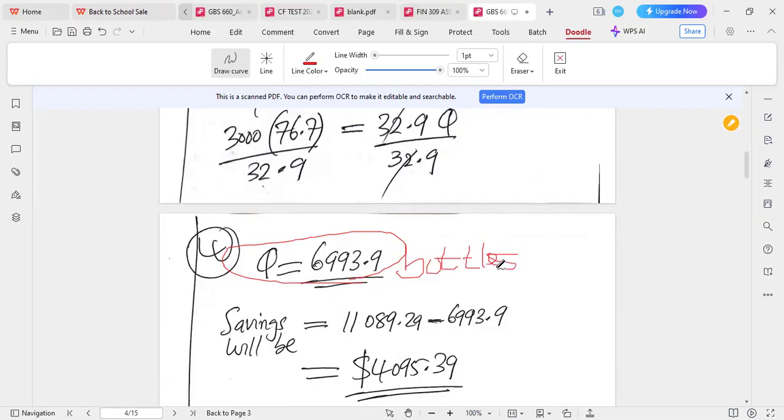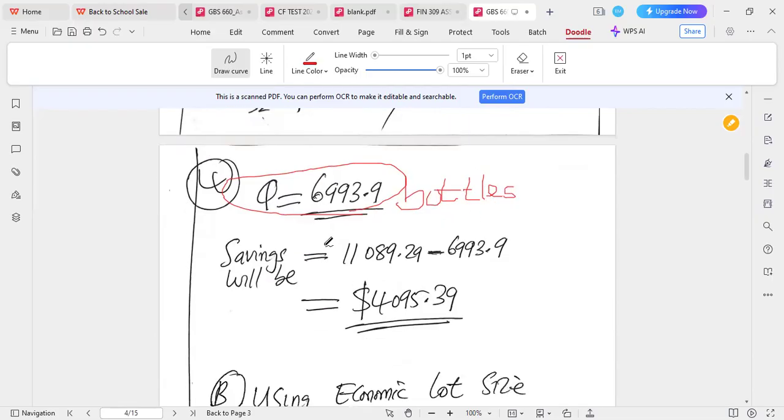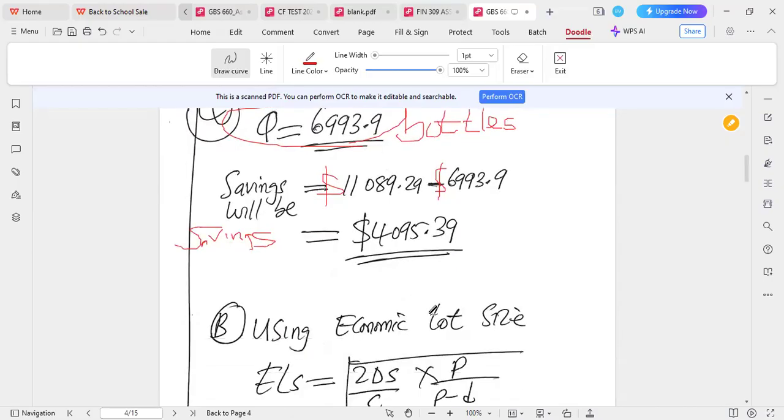After getting these bottles, we are supposed to see the savings from the 11,089.29 minus this one. We are getting savings of 4,095.39. So this would be okay.